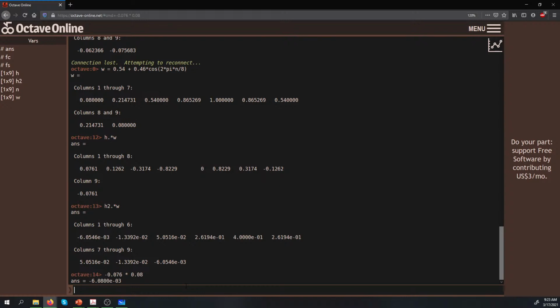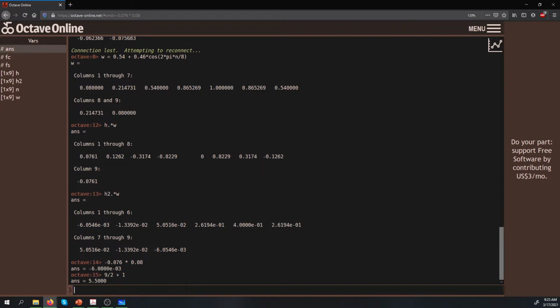So that's 9 divided by 2 plus 1, it's 5.5. And we're going up to N, which was 9. So, okay. Right, so W of t here is equal to, I'm just going to use my n vector here, and let's see what's going to happen. 2 times (N plus 1) divided by 9.